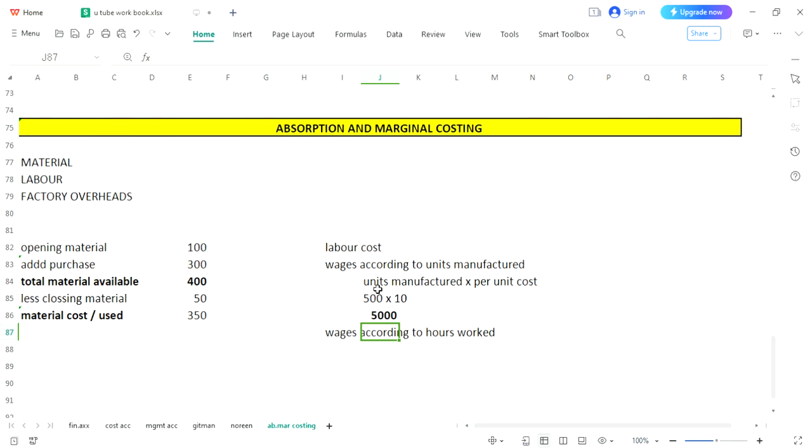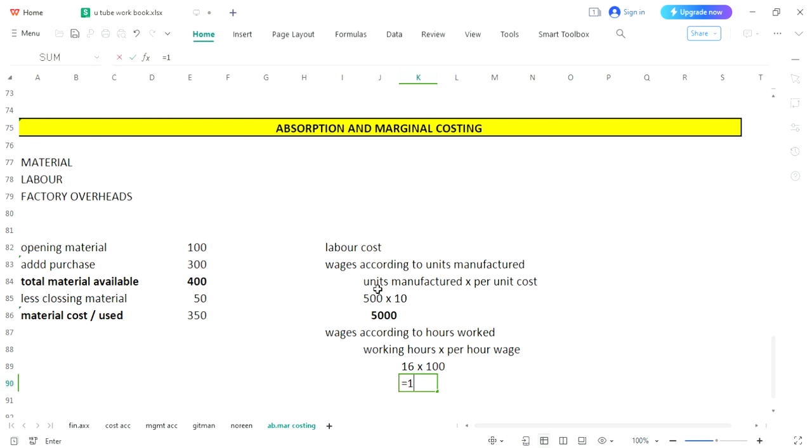But here we are not related with level of production, we are related with working hours. So how many hours the labor had worked, and per hour wage rate would be used. Suppose the person had worked for 16 hours, and for every hour you have decided to pay 100 rupees.